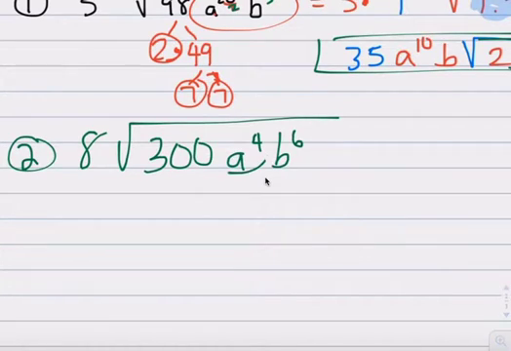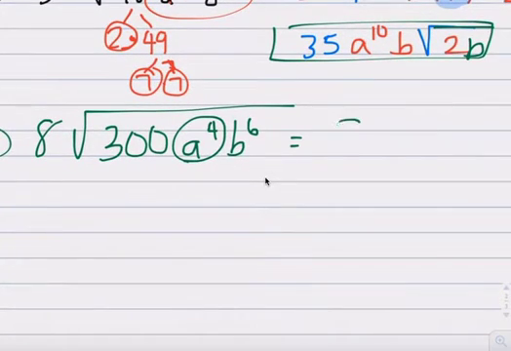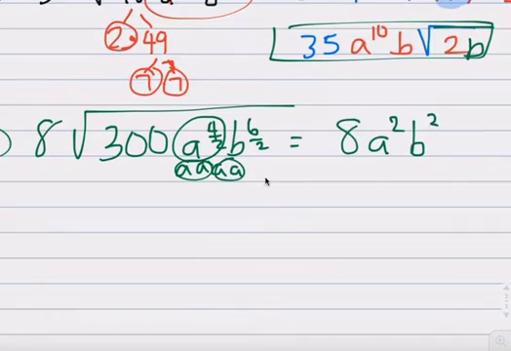Now here you can make groups. You would get 8a squared. You can make 2 groups of a's. Pair them up. You can make 2, if you need to do it. And here you can make groups, or you can divide by 2. You can get the same thing. b to the 3rd, 3 groups of b.